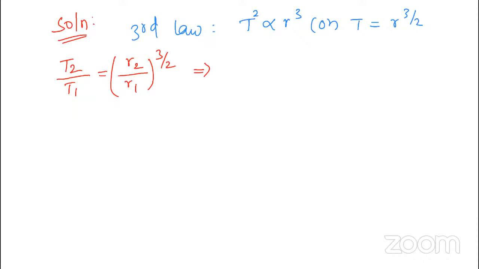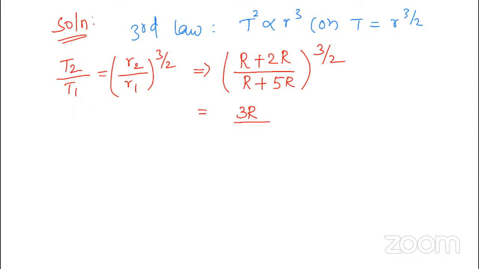So we can write R plus 2R divided by, for R1, R plus 5R, the whole power 3 by 2. Adding the values, it is 3R divided by 6R, the whole power 3 by 2. So 1 by 2, the whole power 3 by 2.